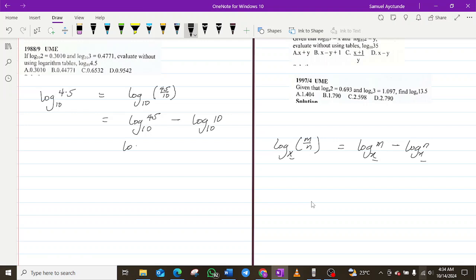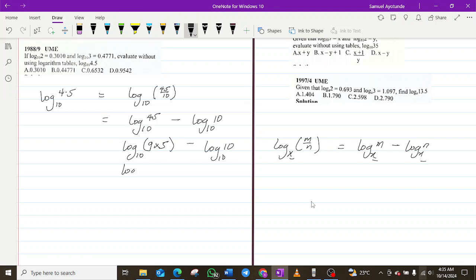First I break it down to 9 times 5 in a bracket, because 9 times 5 is equal to 45, then I have log 10 base 10.